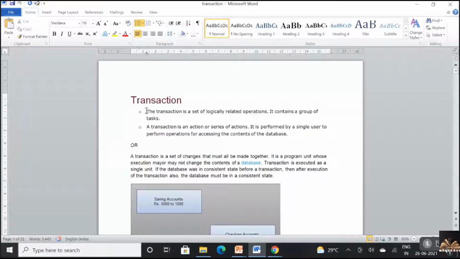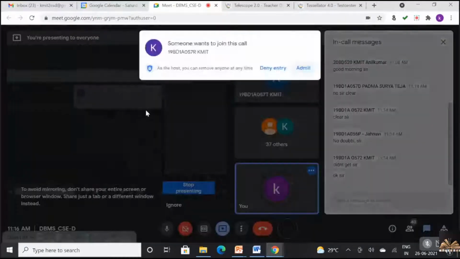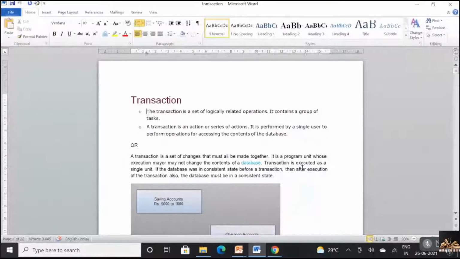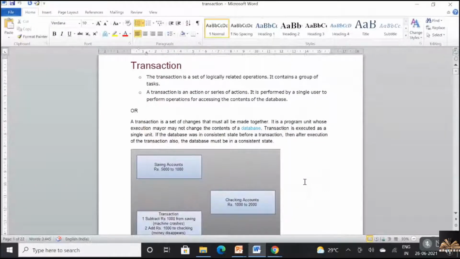And a transaction is a series of actions. So it can be containing a series of read operations, series of write operations. In between, you can update the values of the database objects, right? A transaction is a set of changes that must all be made together.